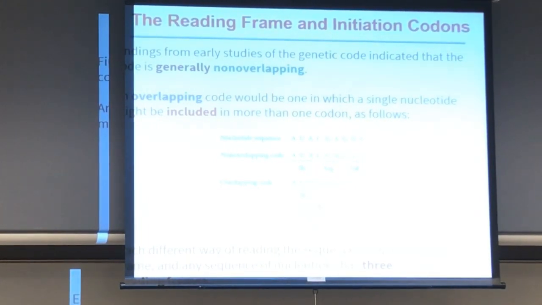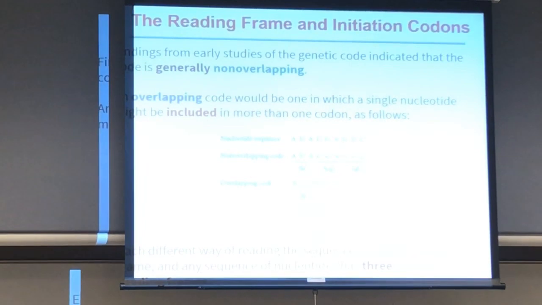But this kind of overlapping concept is actually seen in viruses, because the viral genome is very small, so the virus has to find a way to use these 9 nucleotides.